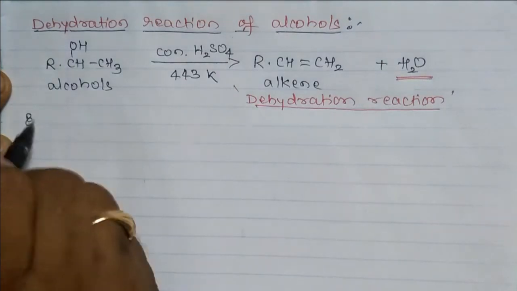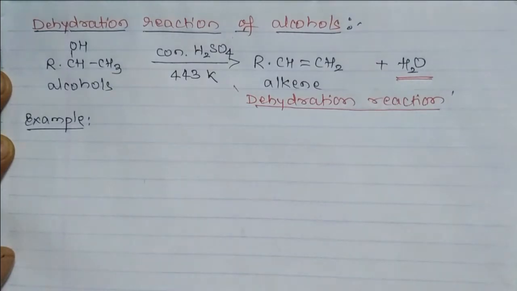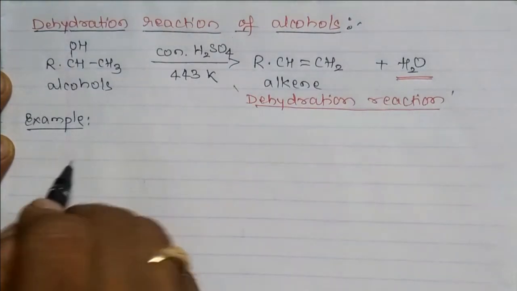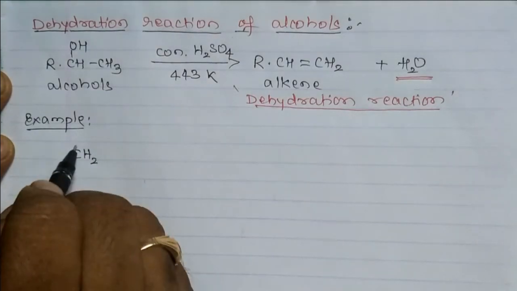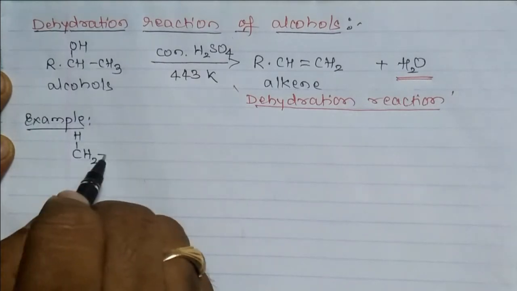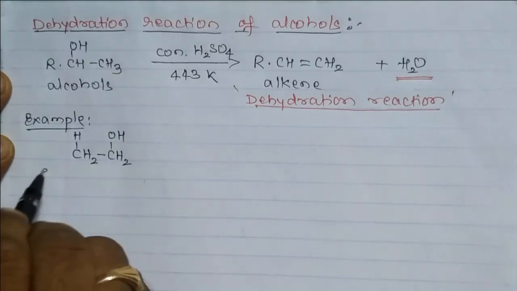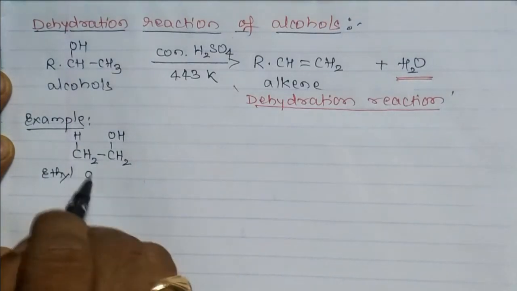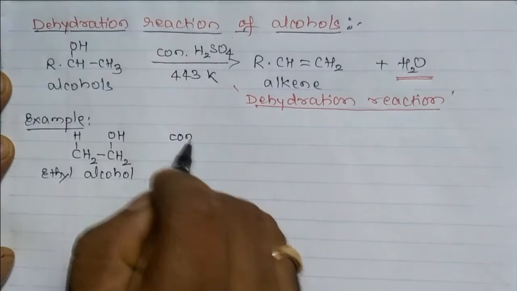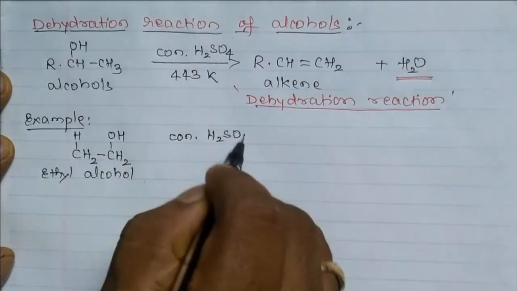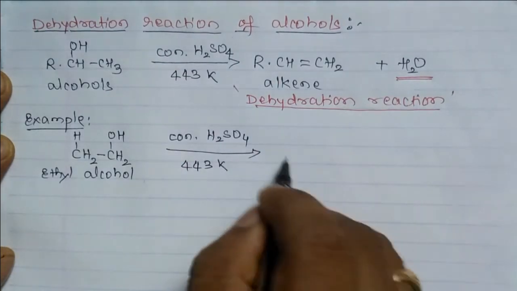Example, when ethyl alcohol, CH3CH2OH, is heated with concentrated sulfuric acid at 443 Kelvin, you are going to get ethene.